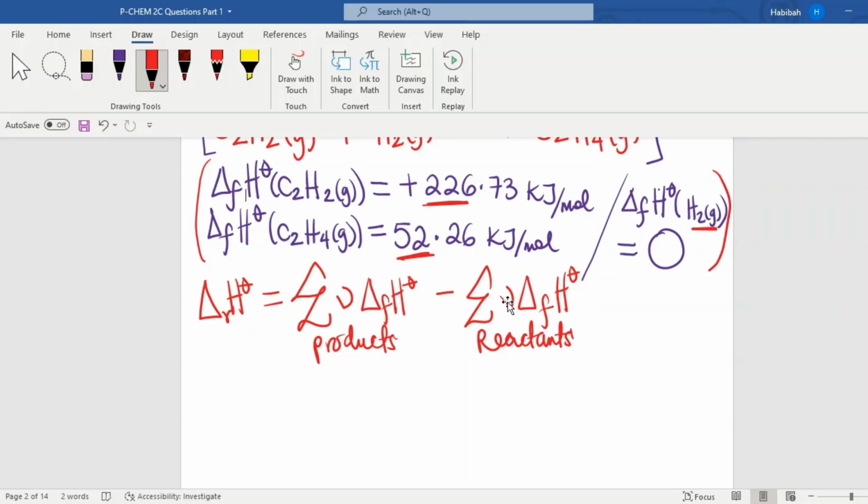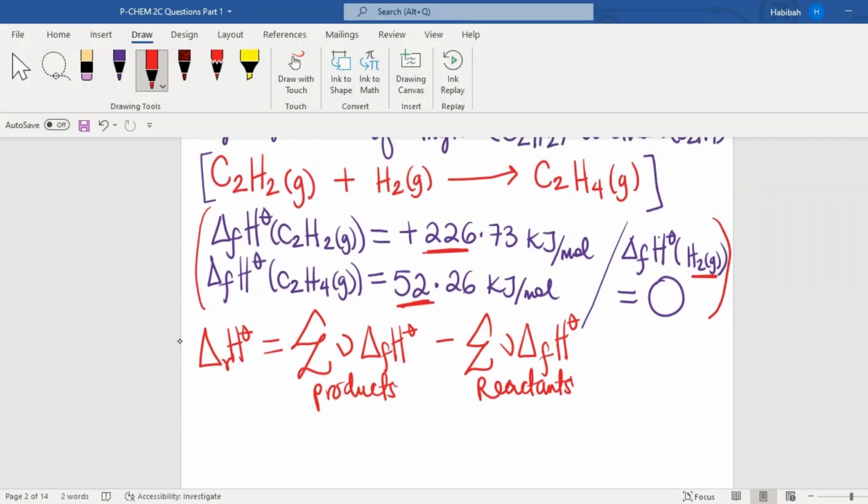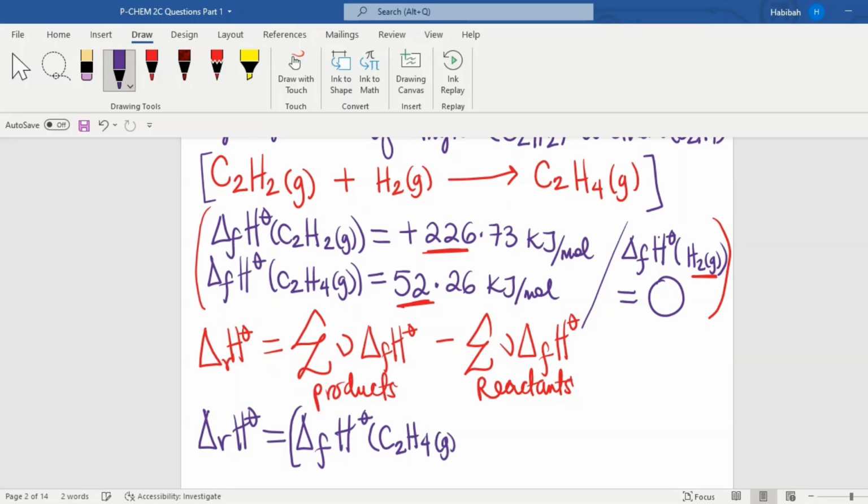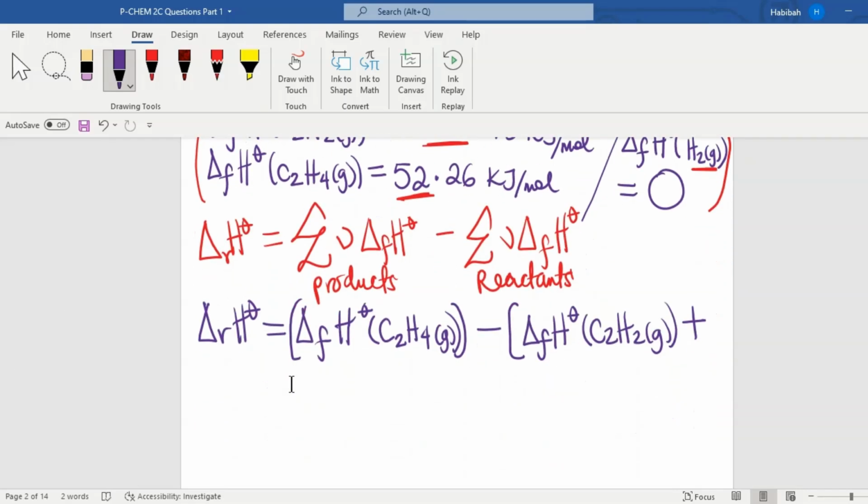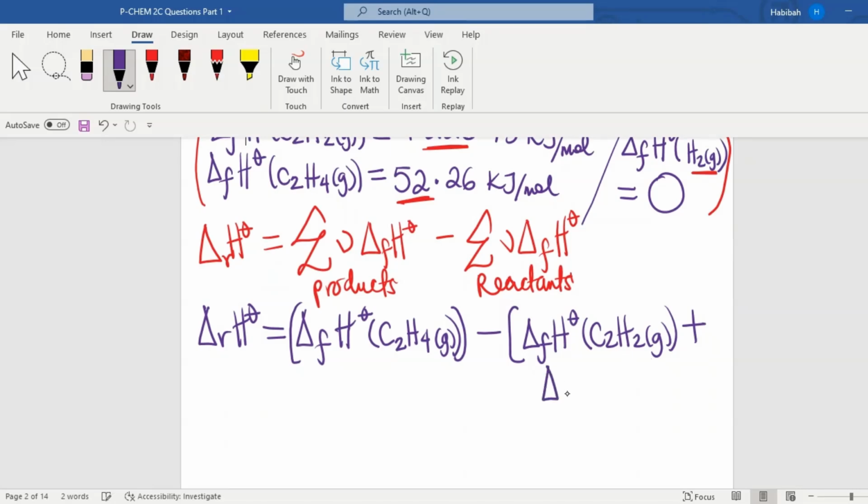So I'm going to write all of this information down. The translation of this question in terms of this formula is simply: the change in enthalpy of reaction equals the change in enthalpy of formation of the products, and our product here is just C2H4, which is ethene, gas, minus the sum of the change in enthalpy of formation of the reactants. So we say the change in enthalpy of formation for C2H2, because now we're dealing with reactants, since we had one product molecule and then two reactant molecules, plus the change in enthalpy of formation for the H2 gas molecule.